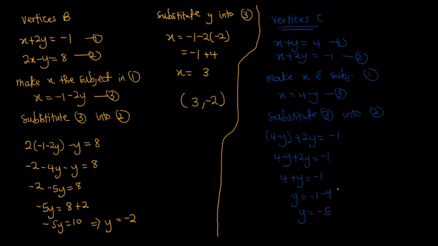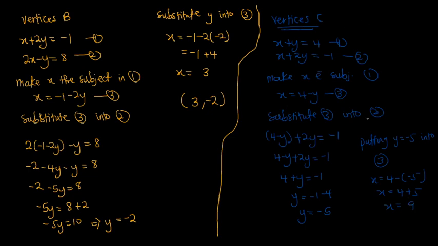Now, substituting y equals -5 into equation 3, I get x to be equal to 4 minus into bracket -5, and then x will be equal to 4. Negative becomes positive, then 5. So x is equal to 9.